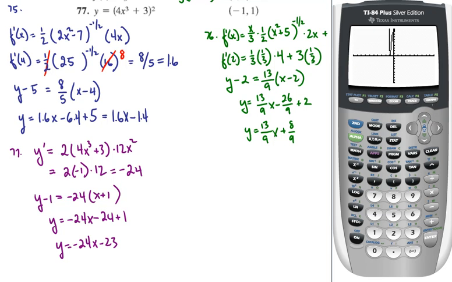We end up with a function that looks like this, and we want to find the derivative at x equals -1. So we want to find the tangent line, so we're going to go to second, draw, option 5, and -1, enter, and we get -24x minus 23, and so that checks out.